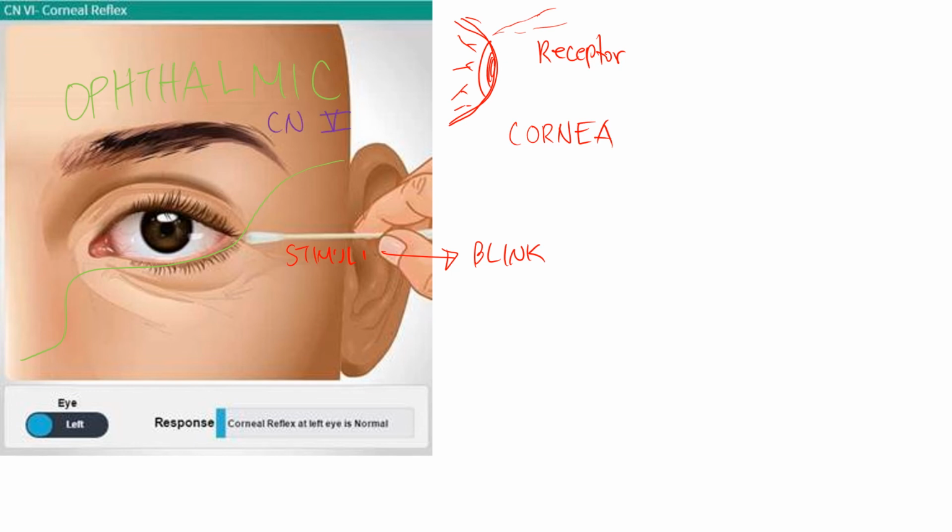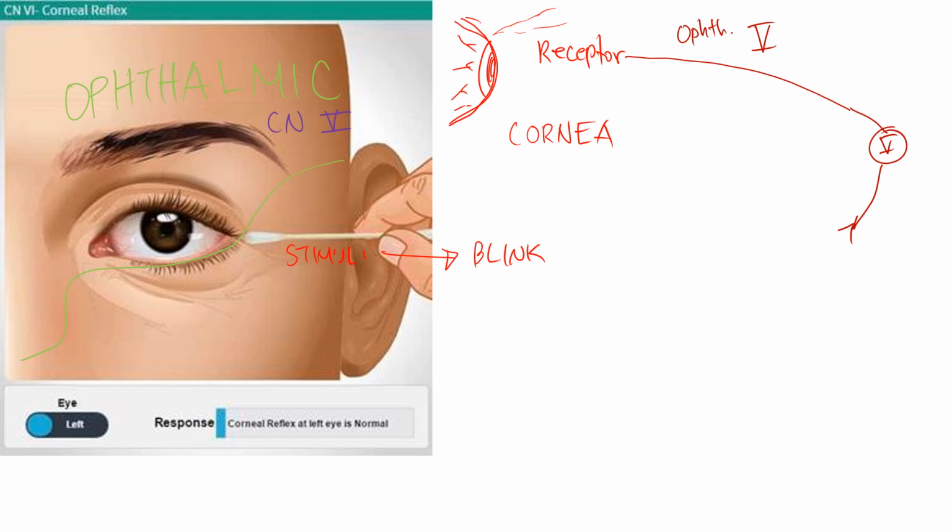Your trigeminal, remember? So, impulses coming from your corneal receptors travel through your ophthalmic division of your cranial nerve 5. So it goes to your cranial nerve 5, and then it synapses with what? What closes your eyelid?